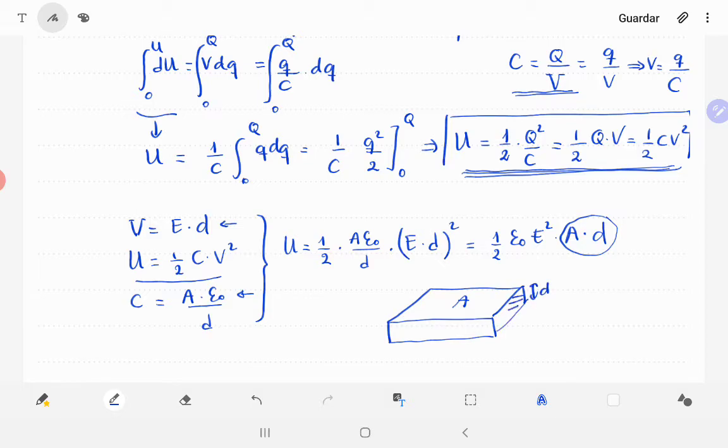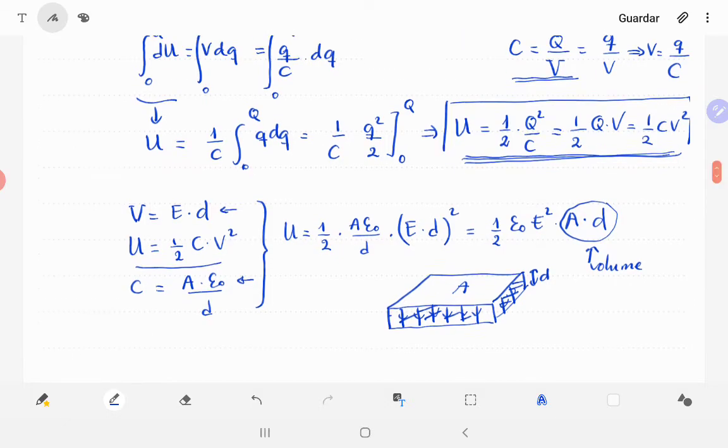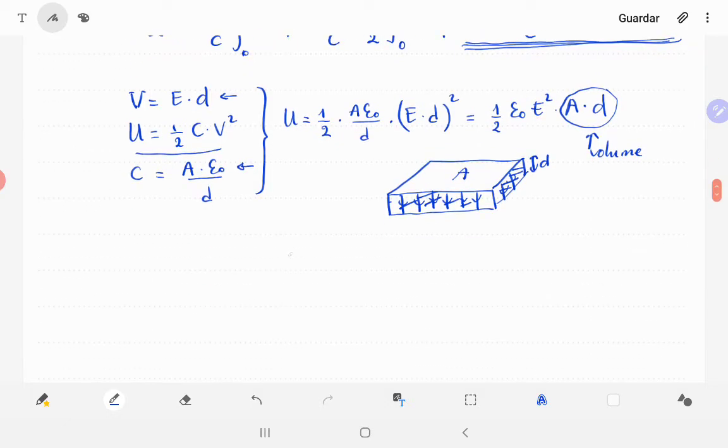So it's giving you the volume, actually. So this is the volume, okay, the volume where the electric field is established. Because remember that for this parallel plate capacitor, the electric field outside the plates is 0. So all the electric field is established between the plates.